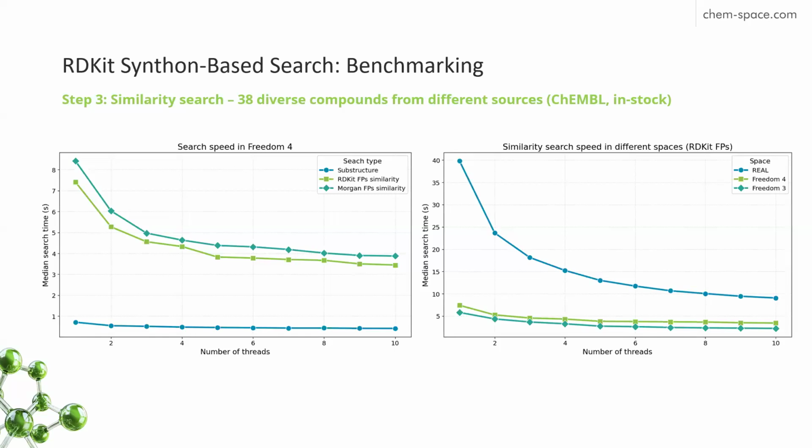Then we also compared the similarity searches in different spaces. Again, you can see for Inamin Real, there's quite a nice curve of how the search benefits from threading because it's longer and you can see it better. But overall, it's still very reasonable and we recommend it for everybody who would like to try it out on their own.